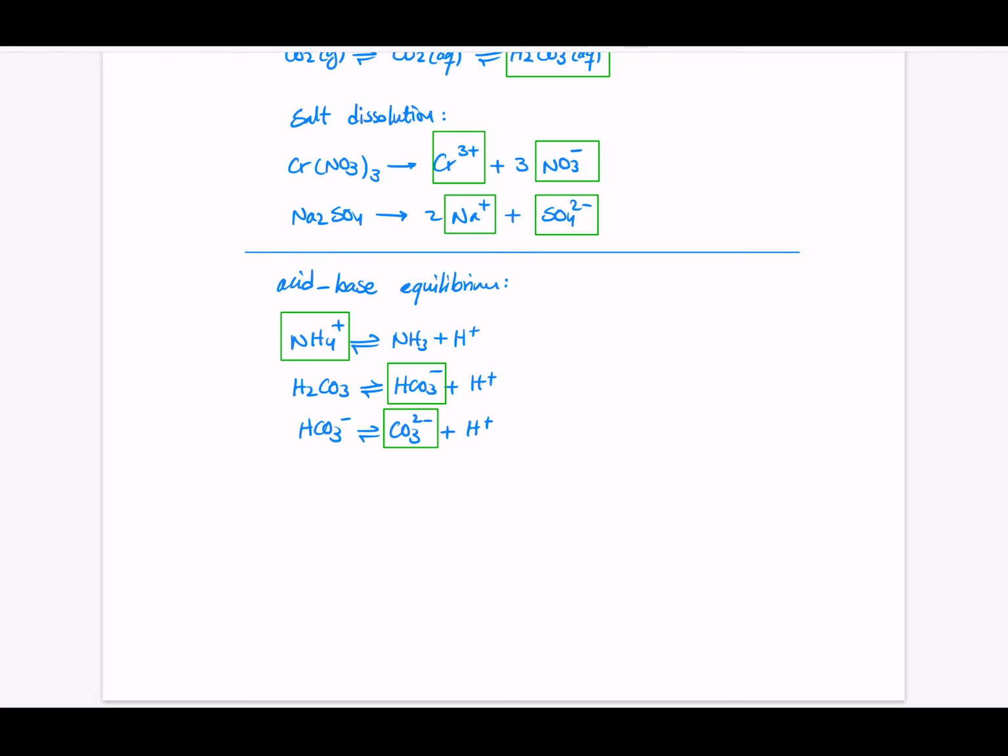As always, we also have water, H2O, H plus plus OH minus. So H plus and OH minus are always there.